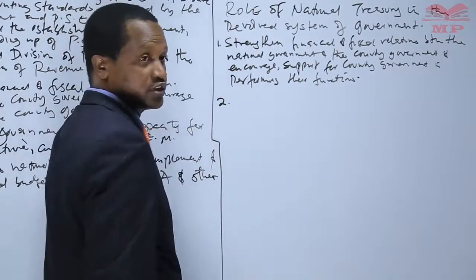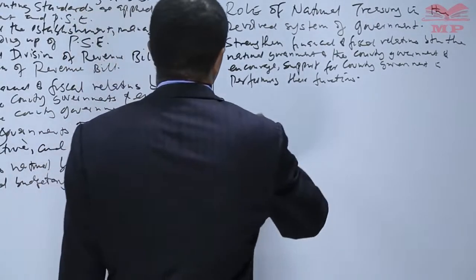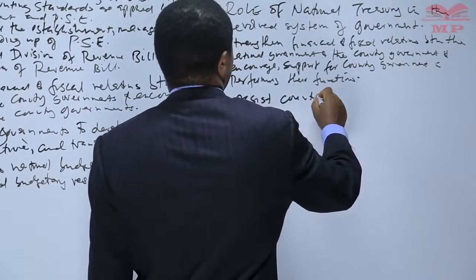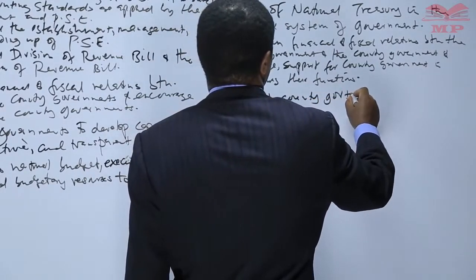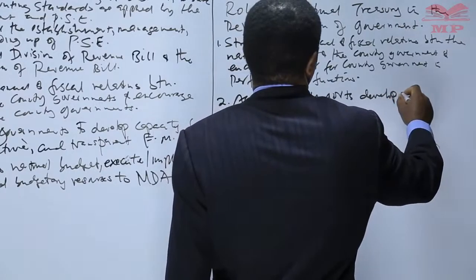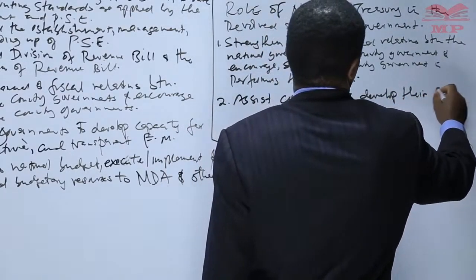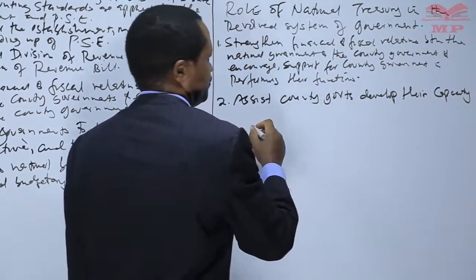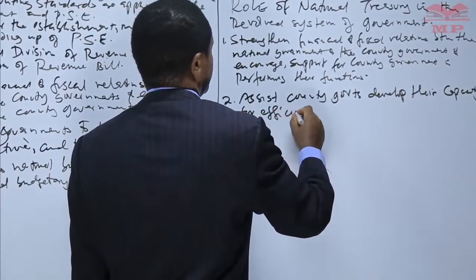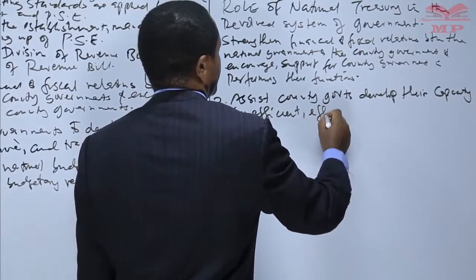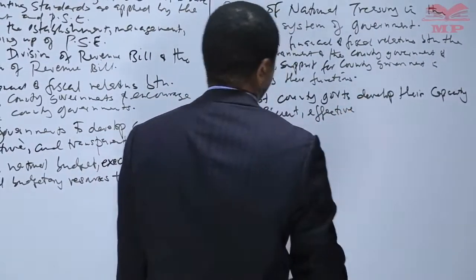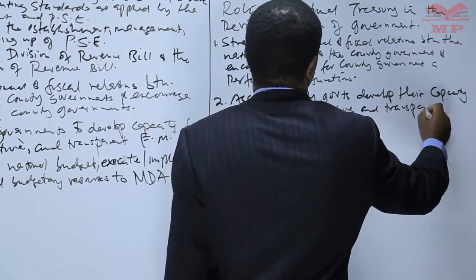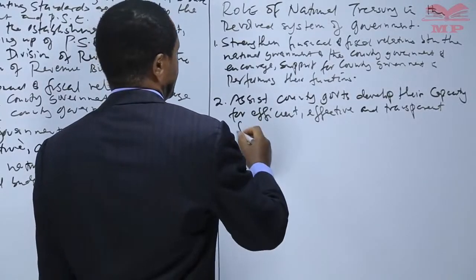The second role that the National Treasury plays in the devolved system of government is to assist county governments develop their capacity for efficient, effective and transparent financial management.